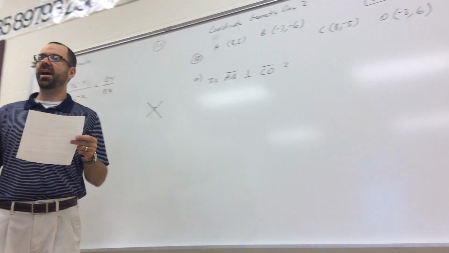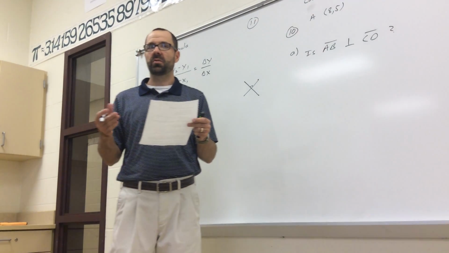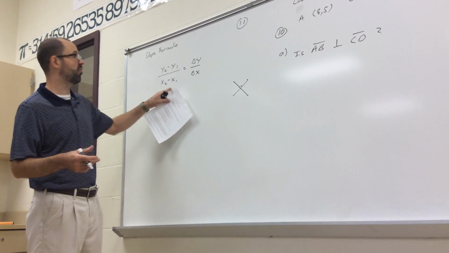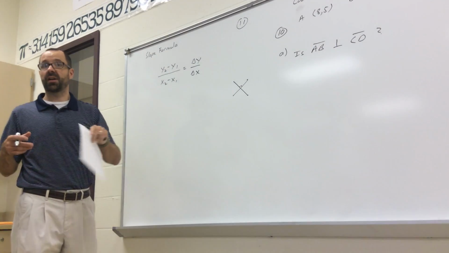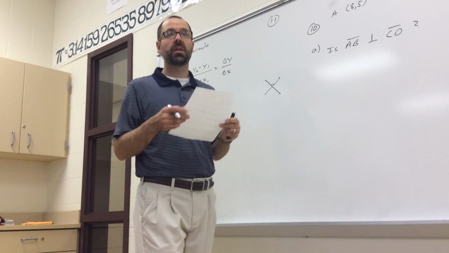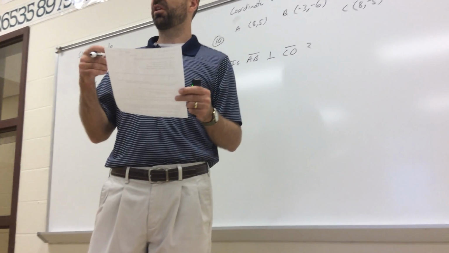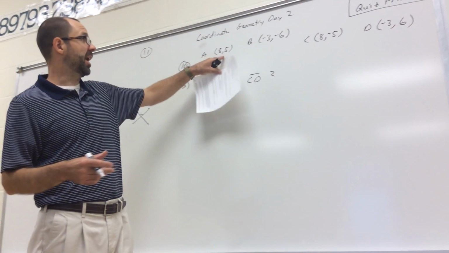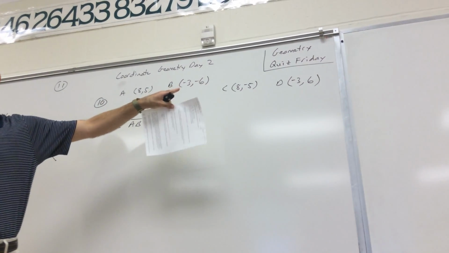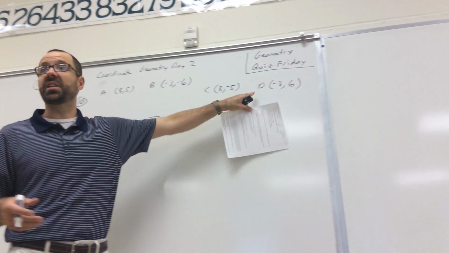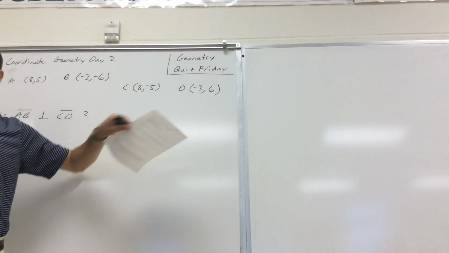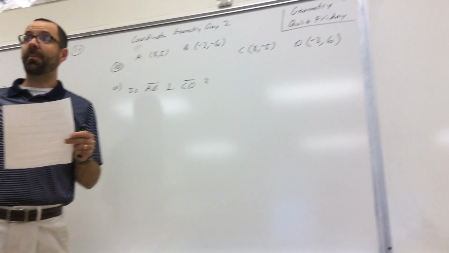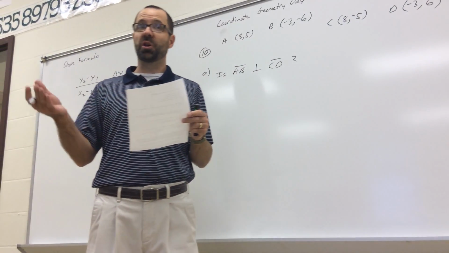Okay, so since we're not graphing, instead we're going to use the slope formula to figure out if they're perpendicular. And so we're going to figure out the slope from A to B, then we're also going to figure out the slope from C to D. And then if those slopes are flipped opposites, then we'll know they're perpendicular.